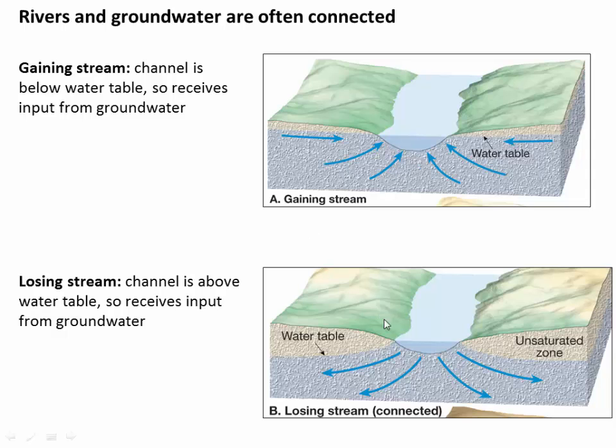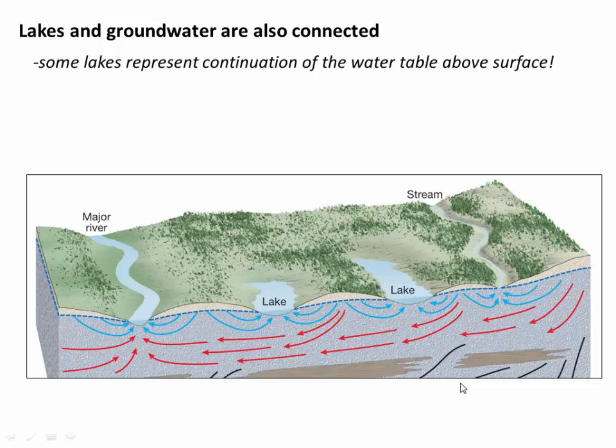Now, in contrast, a losing stream is when the river channel sits above the water table, and so water can potentially flow right through the channel bed and flow into the groundwater. So you might actually lose water from the river into the groundwater. And lakes are just the same. It's actually the case that some lakes are basically an extension of the groundwater table.